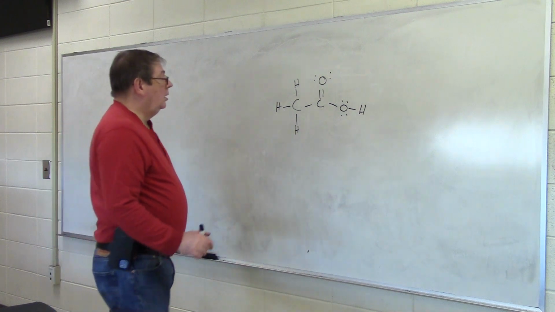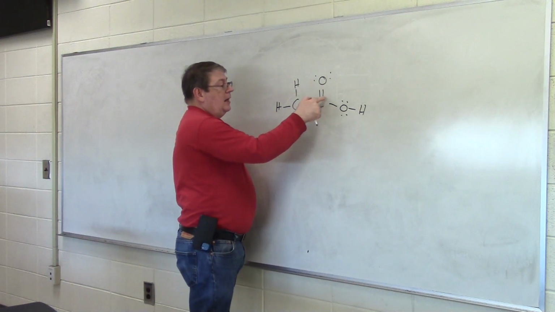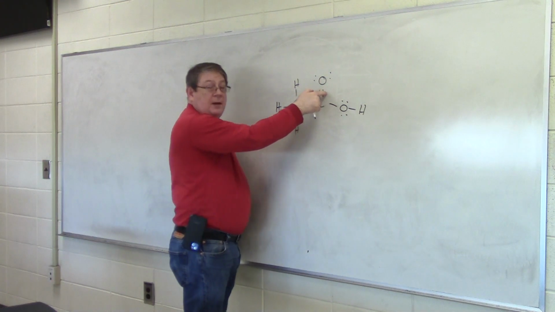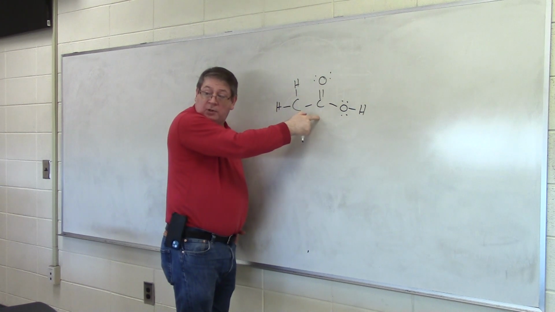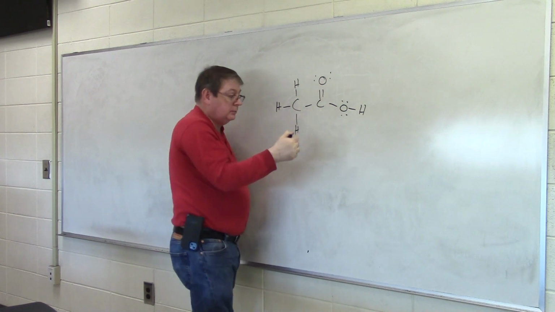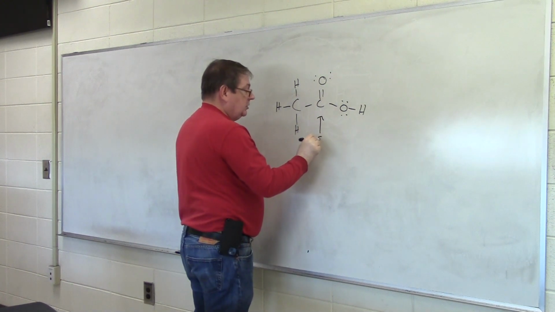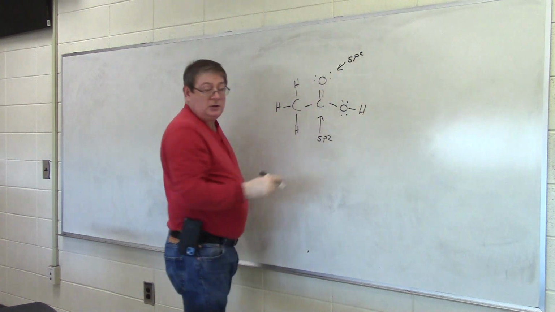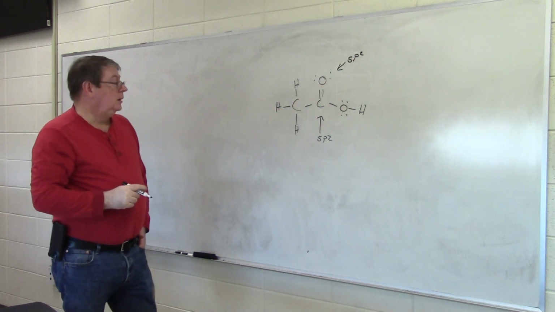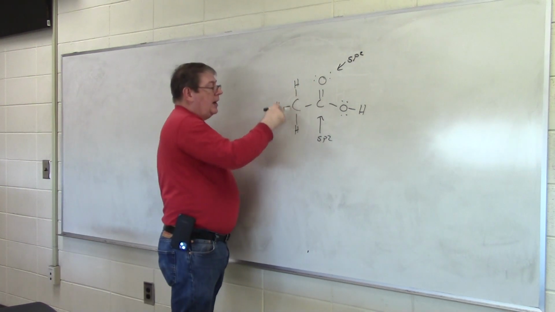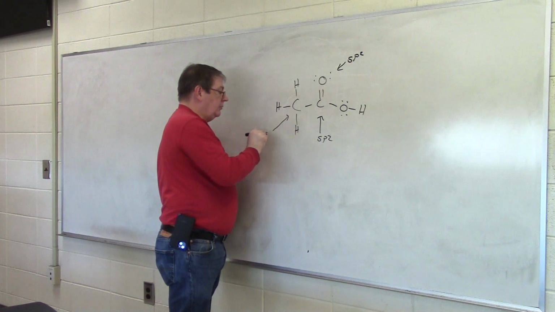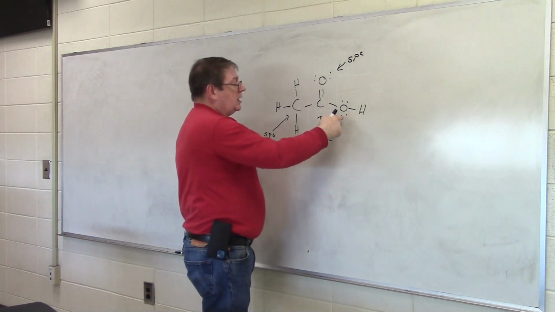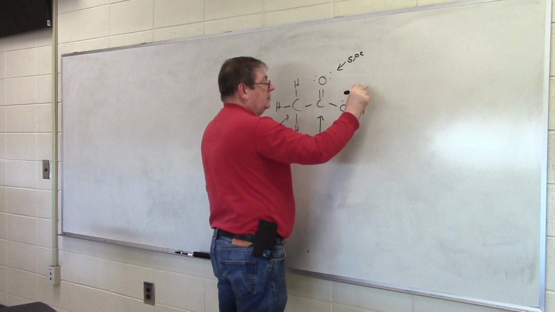I have a carbon atom that has 1 pi bond, so that has to be what hybridization? Yeah, sp2. The oxygen is also sp2 hybridized, and so they showed you that. This carbon has no pi bond, so it has to be sp3. This oxygen has no pi bond, so it has to be sp3.